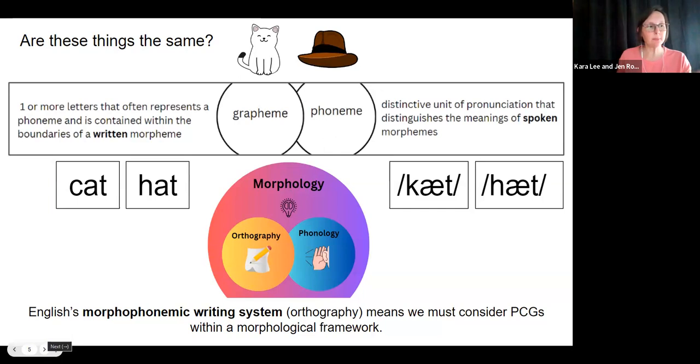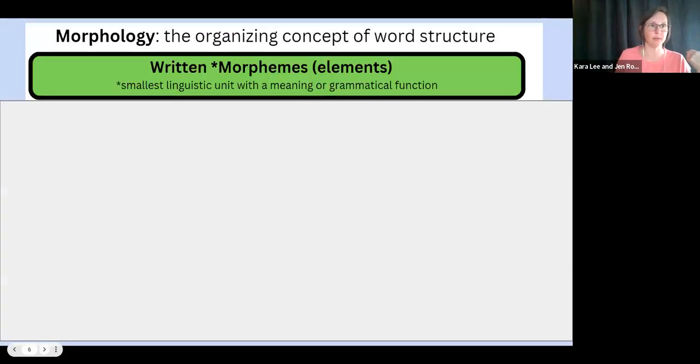So notice how I've situated the circles this time, with morphology being the larger circle, right? And orthography and phonology within that. Because that's the cool thing about morphology. It's actually the one thing that spans both written and spoken English, so to speak.